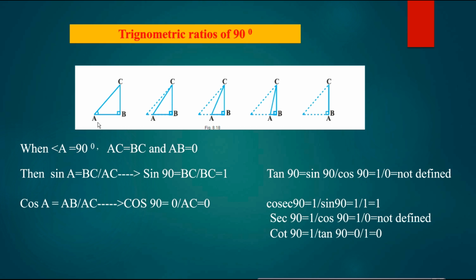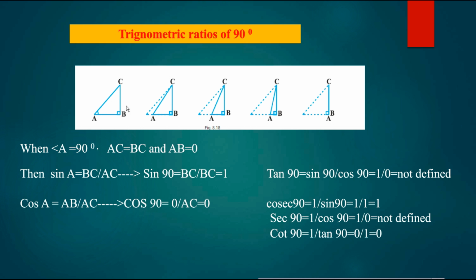Then A becomes 90 degree. See, total 180 degree, here 90 degree. We should find out trigonometric ratios for 90 degree. So when this is 90 degree, here also 90 degree, total 180 degree. Now it becomes 90 plus 90, 180 degree, then it should be 0.